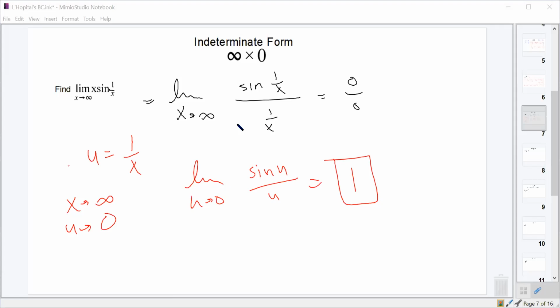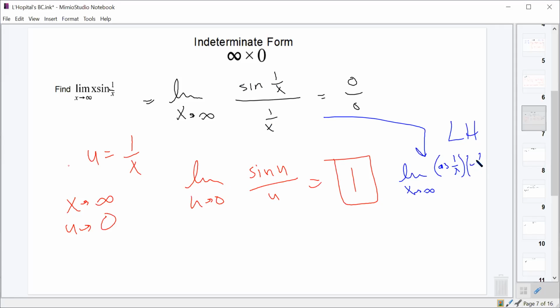Or if we wanted to go through and use L'Hopital's rule, we could. This would then become a limit as x approaches infinity of, let's see, sine of 1 over x would become cosine of 1 over x times the derivative of 1 over x, which is what? Negative 1 over x squared, right?